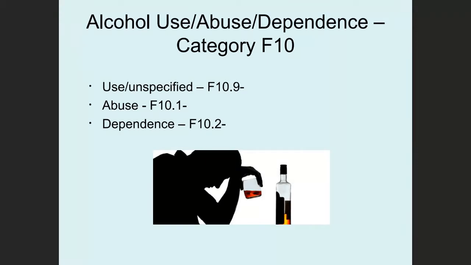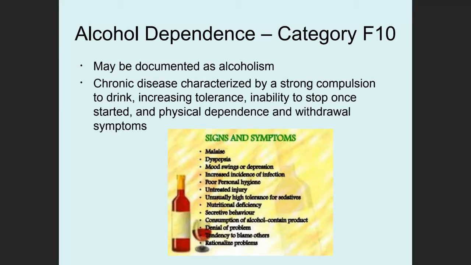Okay, so let's start at alcohol. This is F10, and you have use or unspecified F10.9, so what we were just talking about. Abuse is F10.1, dependence is F10.2. Alcohol dependence may be documented as alcoholism.